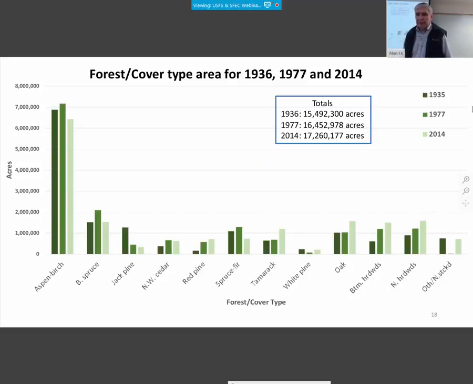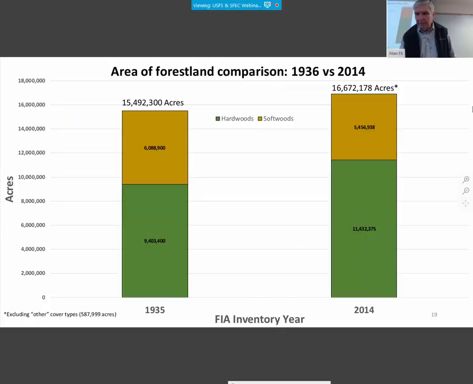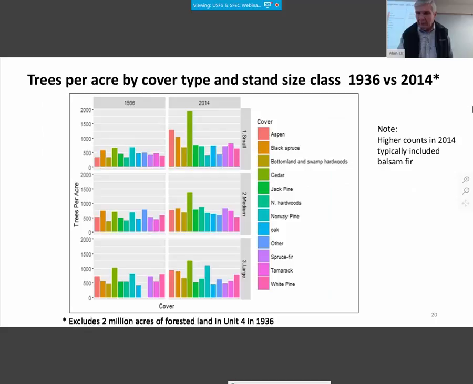If we look at the cover types, I think I've kind of walked through this one. I'm going to skip that one. And we've looked at conifers and hardwoods and the total acreage back then except for this brush element.